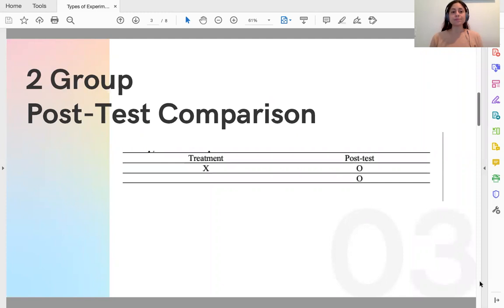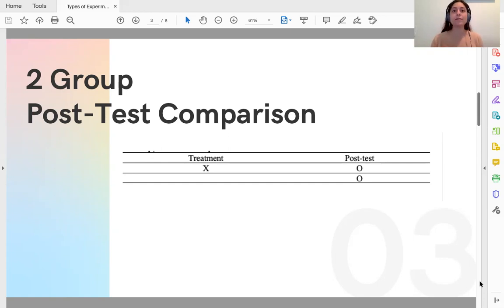Okay, so next, we have a two-group post-test comparison. So here we have one group that receives the treatment and then has a post-test, and then another group that does not receive a treatment and then gets a post-test. The main advantage of this design is randomization. So the post-test comparison with randomized subjects is going to control for the main effects of history, maturation, and pretesting.